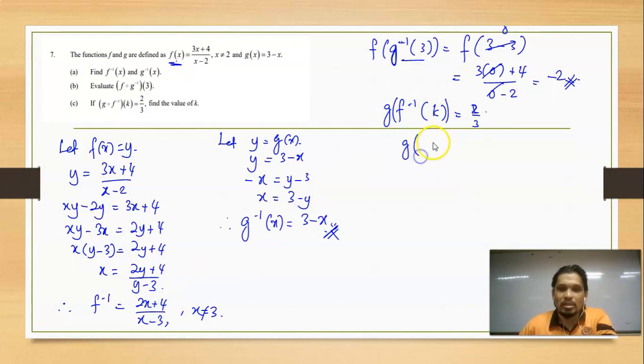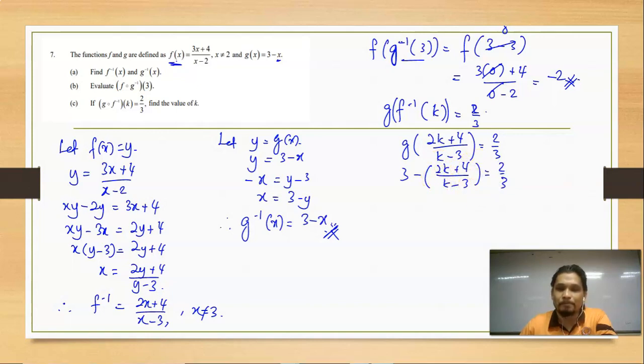So g of 2k plus 4 divided by k minus 3 equal to 2 over 3, and substitute the whole function into x of the function g. So it is now 3 minus x, which is 3 minus 2k plus 4 divided by k minus 3 equal to 2 over 3.